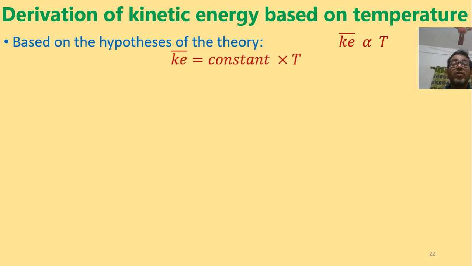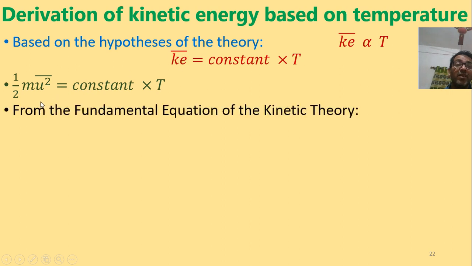So KE is equal to a constant into T, where the constant is the proportionality constant. Half m u square, where u square means the mean square speed, is the average kinetic energy, so average kinetic energy is equal to a constant into T.